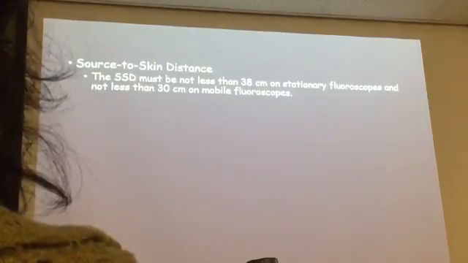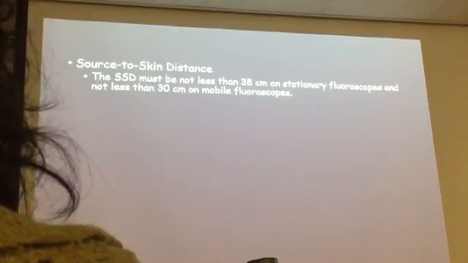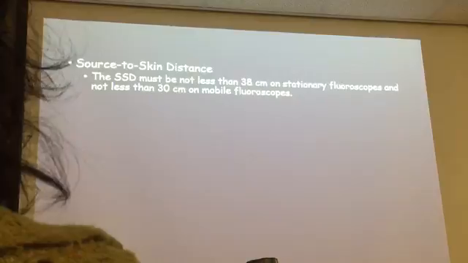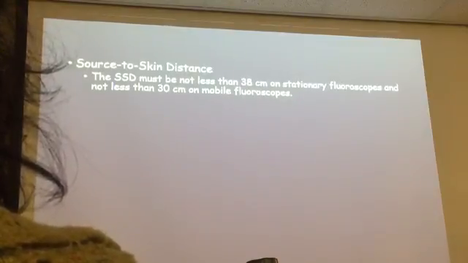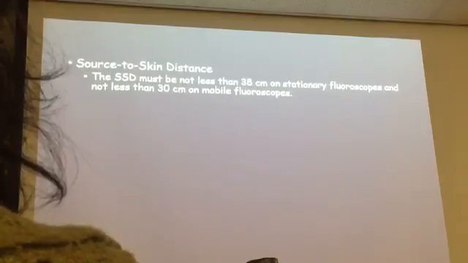They should be there. If you're doing an exam, say a hip, with a C-arm, it can be cumbersome when you have that cone on and you're doing a lateral. You can end up hitting the table. The space in the operating room is small, and a lot of times they don't bring the table high enough, and when you flip the C-arm to do the lateral, you hit with that cone.